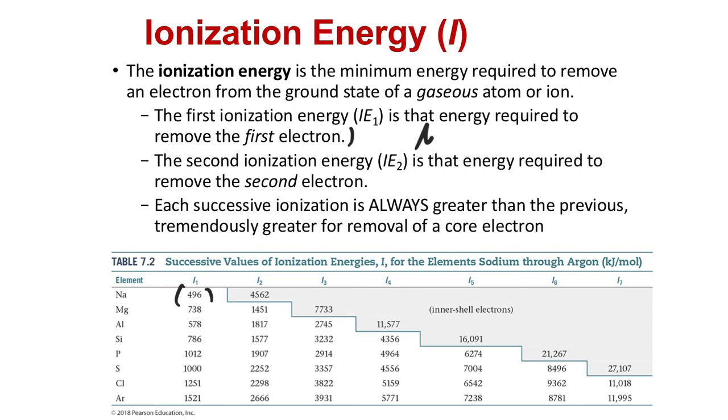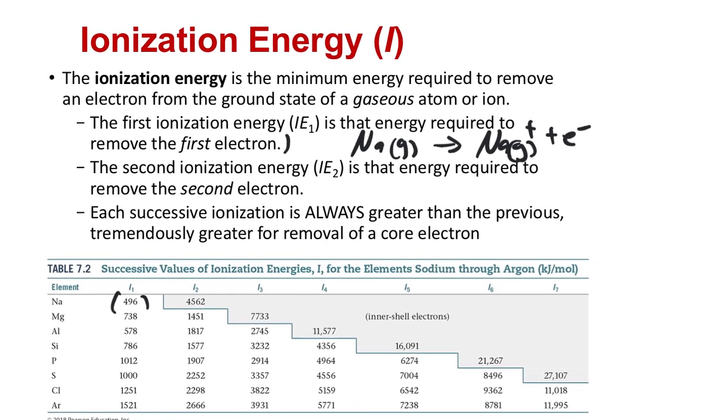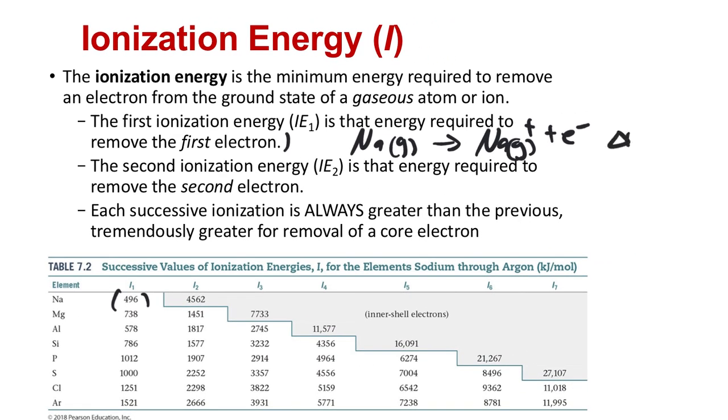So that would mean that the reaction of sodium as a gas, forming sodium still as a gas, but with a positive charge, having lost its one valence electron, that this reaction here would have a delta H or an energy change associated with it that comes from that 496 kJs per mole. So the energy change of that reaction is what corresponds to that first ionization energy.